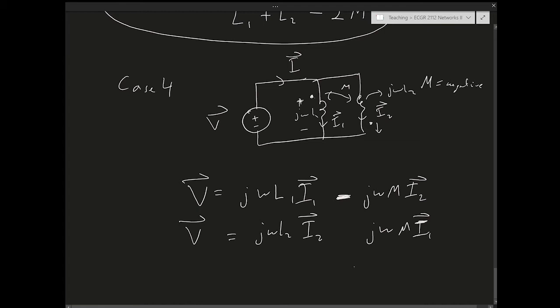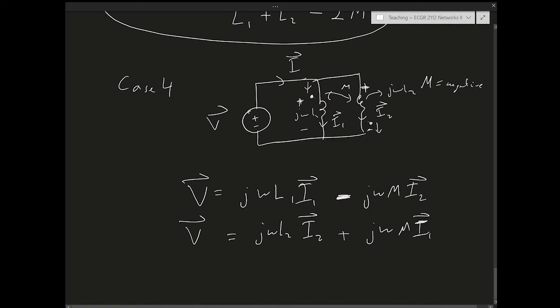What about the sign? Well, I1 is going into the dot, and this is the voltage I'm interested in. That would indicate that this would be positive, but that's not enough. We have to look at the polarity of the voltage I'm interested in versus the polarity of the dot.